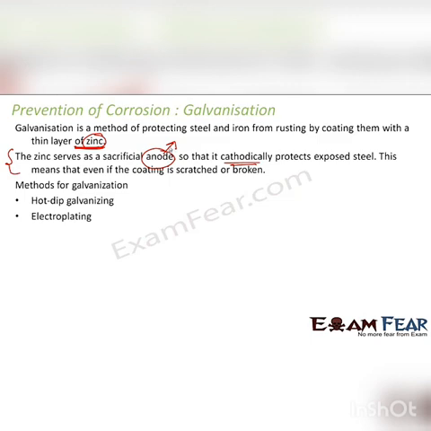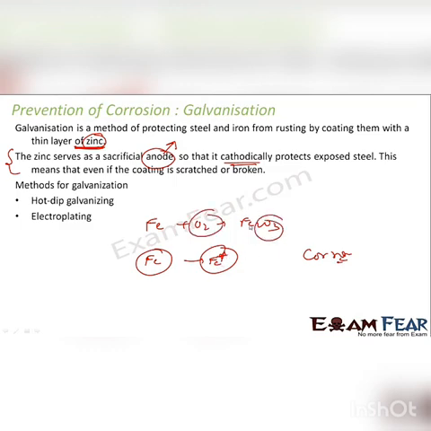See, I'll tell you how this sacrificial thing works. So if you see Fe, when it reacts with oxygen, becomes Fe2O3. So gradually what is happening is Fe is becoming positive, right? So iron is losing electrons for corrosion, correct? And when it is losing electrons, it is combining with oxygen. So zinc is acting as anode.